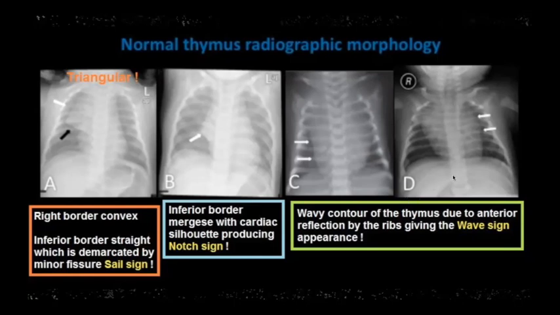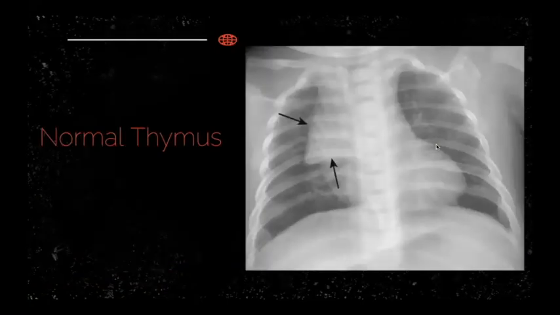But if we scrutinize further, there will be a wavy appearance of its border. So this will be another giveaway point to say this is a normal thymus. Again, better images showing a normal thymus: very sharply demarcated, triangular shape, quite homogeneous. This is a clear sign of a normal thymus.